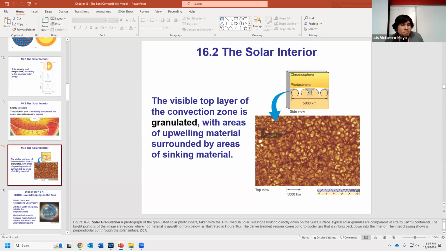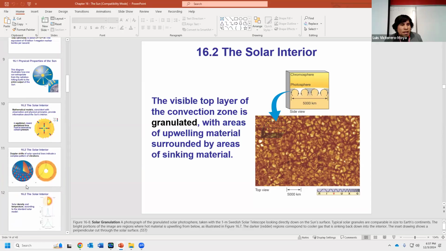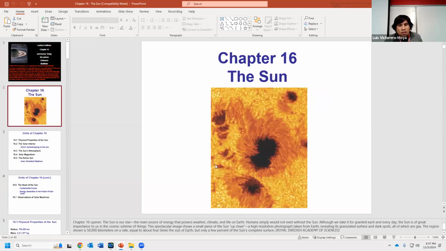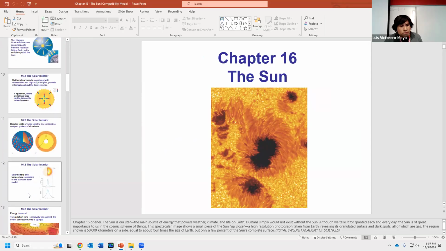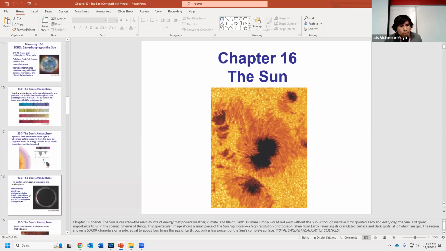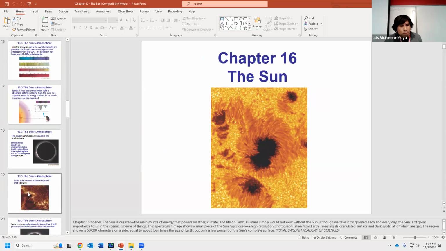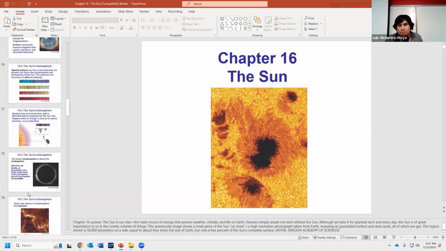On this area is where you actually observe this. Do you guys know what this is? I mean, yeah, you should know. That's a sunspot, right? Why do we care about sunspots so much?